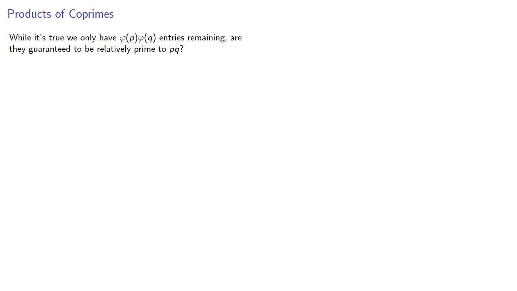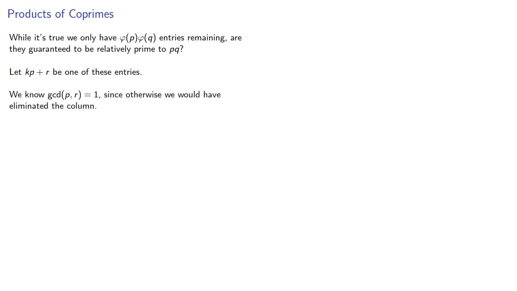While it's true we will only have phi of p times phi of q entries remaining, are they guaranteed to be relatively prime to pq? So let kp plus r be one of the remaining entries. We know the greatest common divisor of p and r is 1, since otherwise we would have eliminated the column it's in.